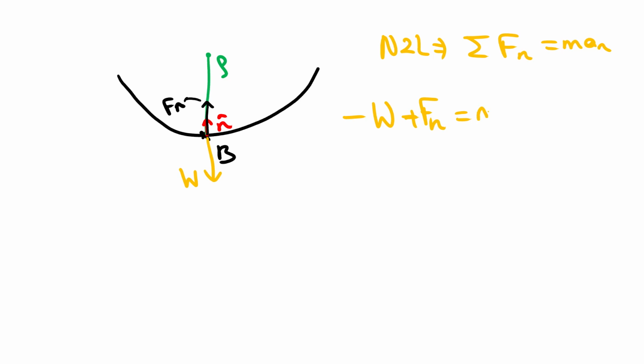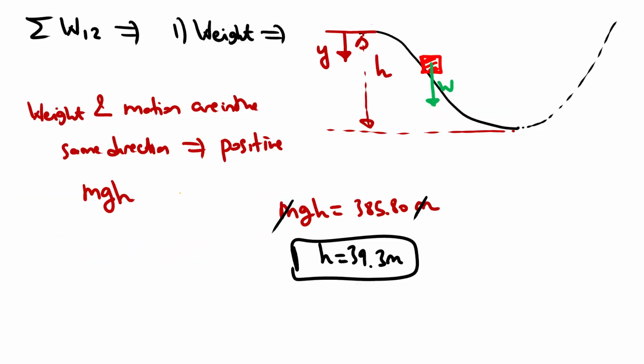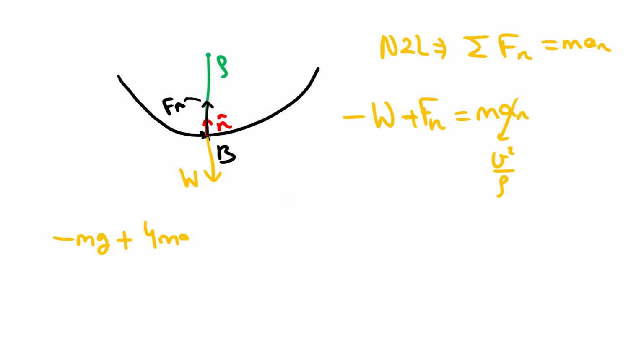That is equal to m times a_n, which is positive. But we know that a_n is v squared by rho. So weight is a negative m into g plus Fn, and the question says that Fn is 4 mg. That's given in the question.